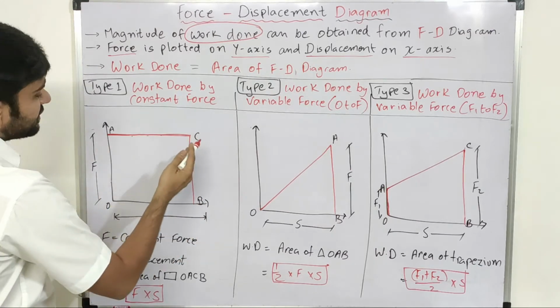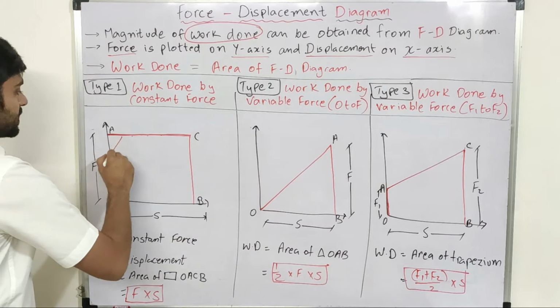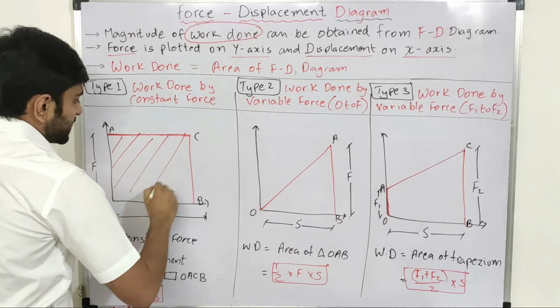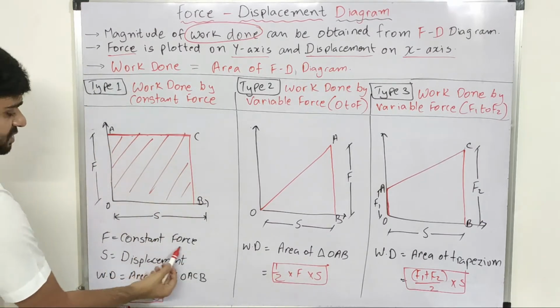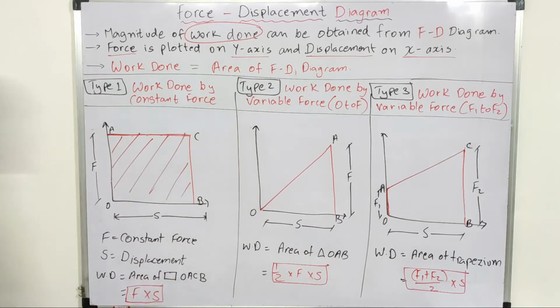Due to this constant force there is some displacement, and we can calculate the area of this rectangle, that is OACB. F is the constant force, S is the displacement, and work done is the area of this rectangle OACB.